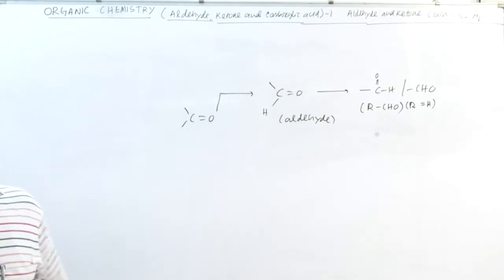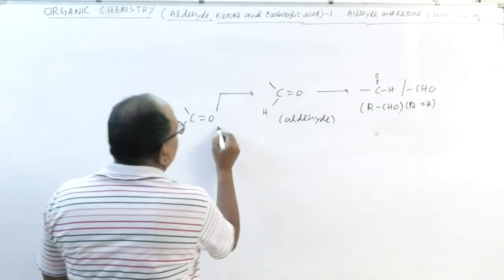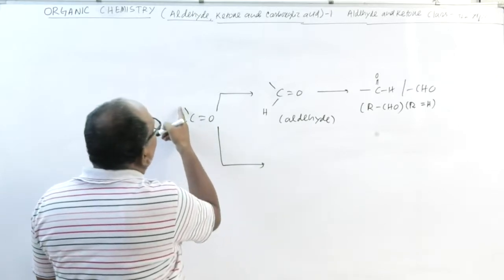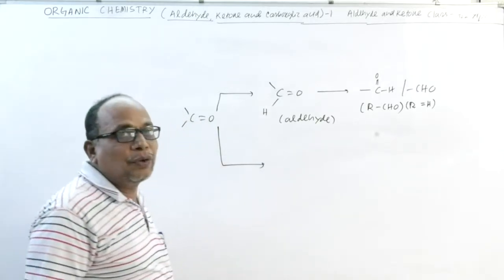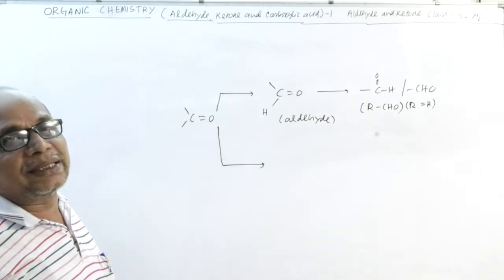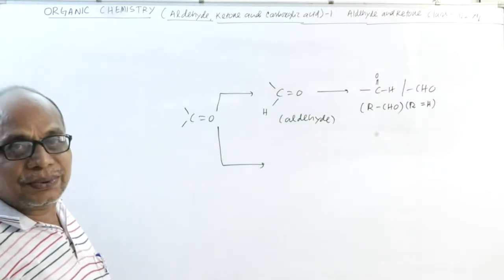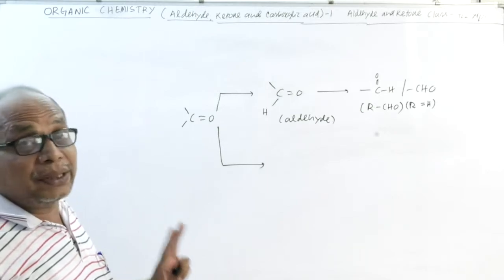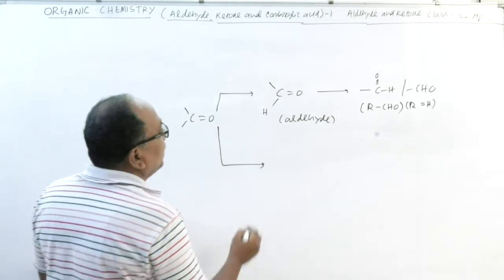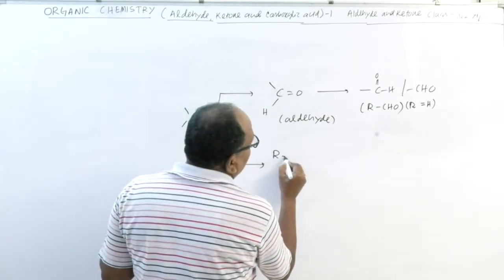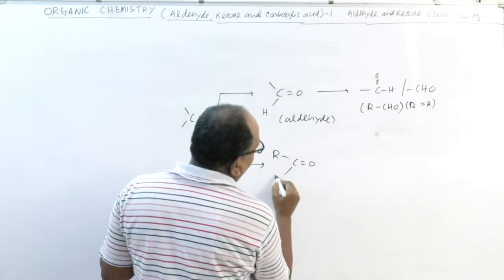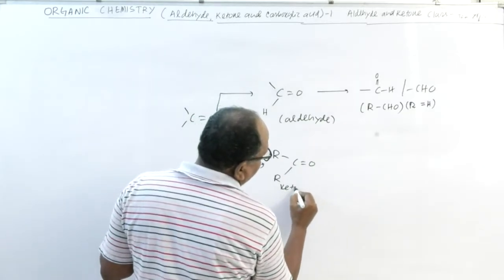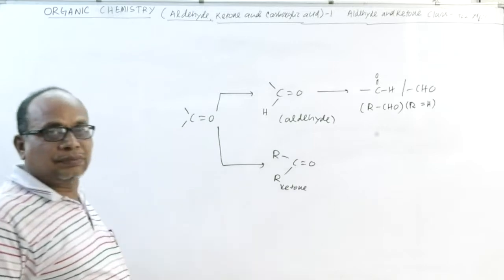But in a ketone, both valencies of the carbonyl group are satisfied by the same or different alkyl groups, not with hydrogen, only with alkyl groups. That is R-CO-R, called a ketone.